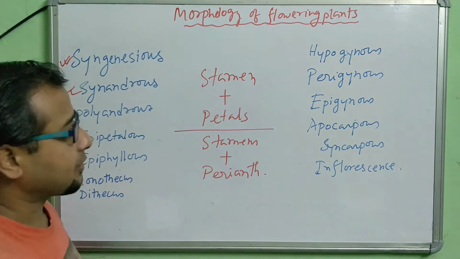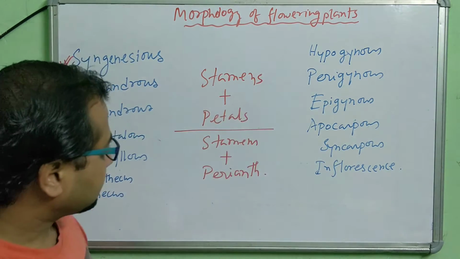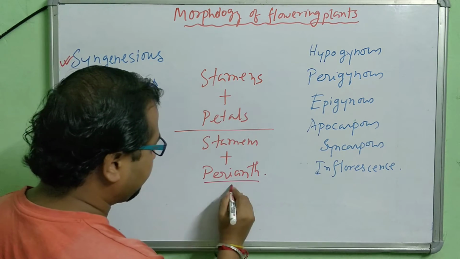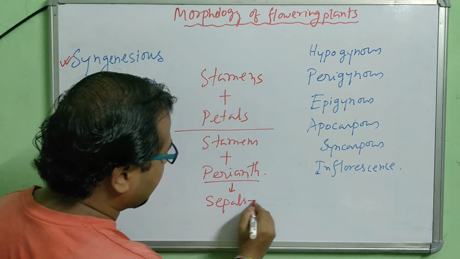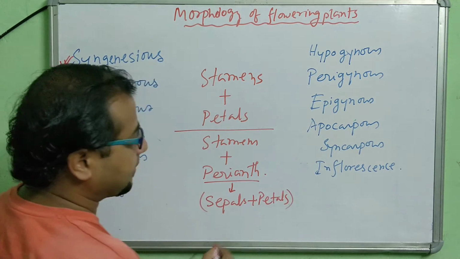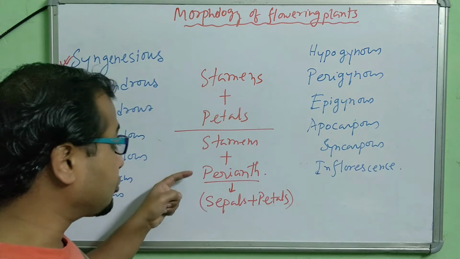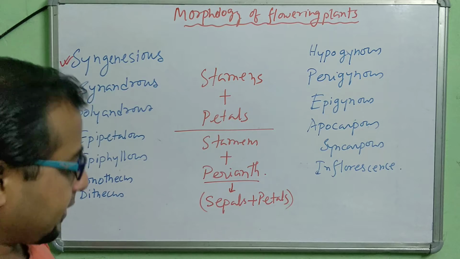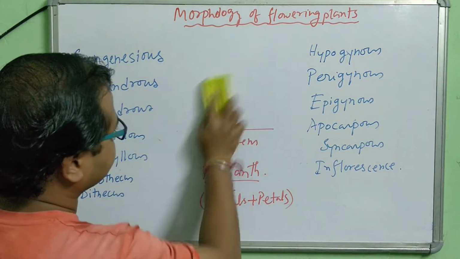What is perianth now? Perianth means where sepals and petals are fused together. When sepals and petals fuse together, this is called perianth. And when stamens are fused with perianth, this is called epiphyllous. I hope these two are also very clear to you.